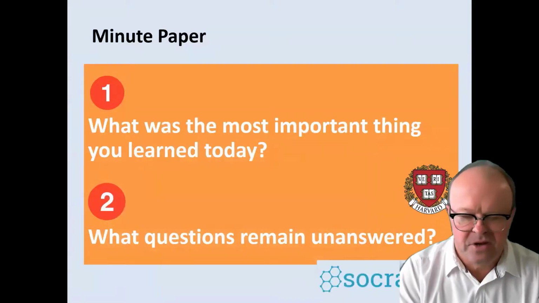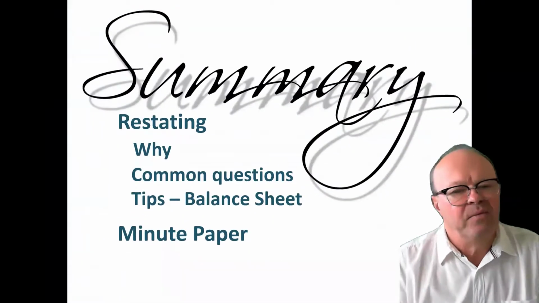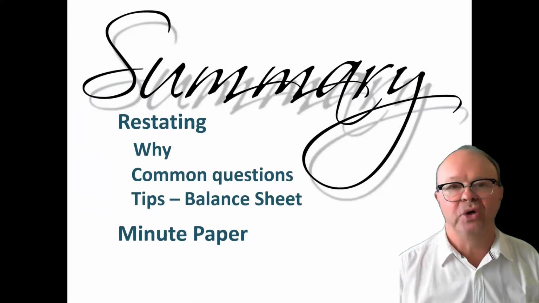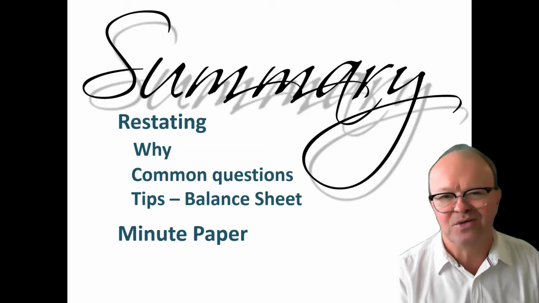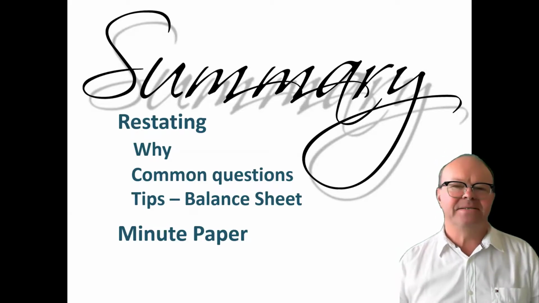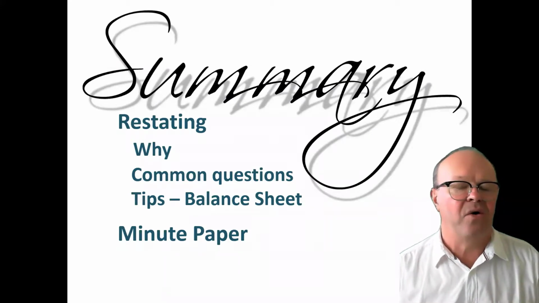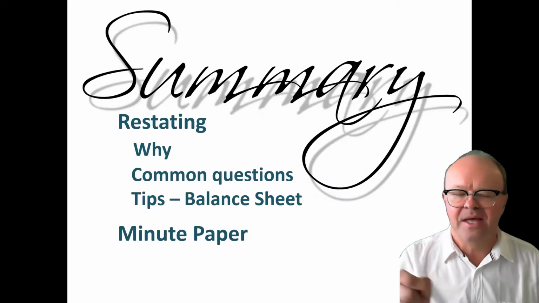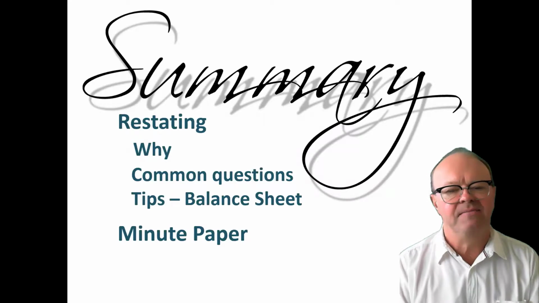All right. So that was the minute paper. So what have we done today? We've had a look at restating, and why we're doing it. We're not doing it to learn about restating for its own sake. It's a technical task that only certain people might do in their careers. But it's to help us get to know our financial statements item by item a bit better, because we're going to move each item around between O and F. That just supports us to have a look at each item.